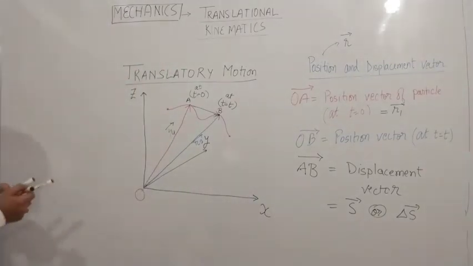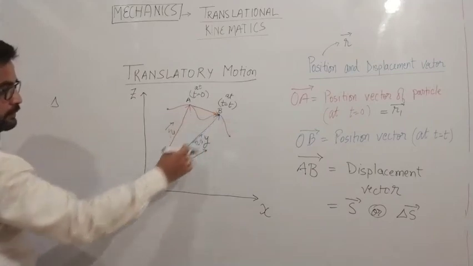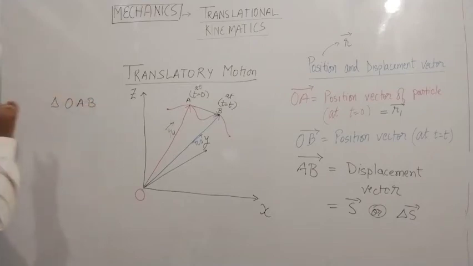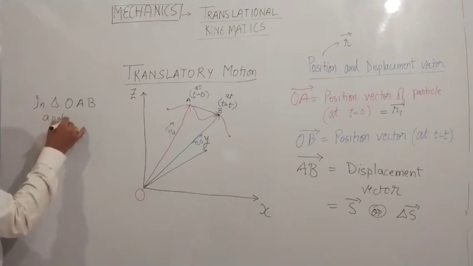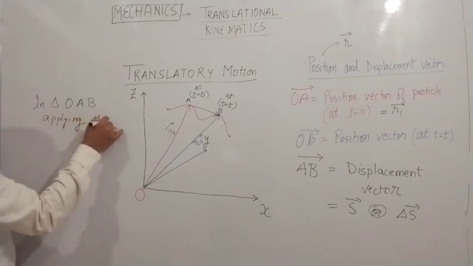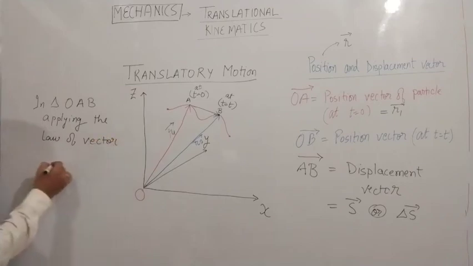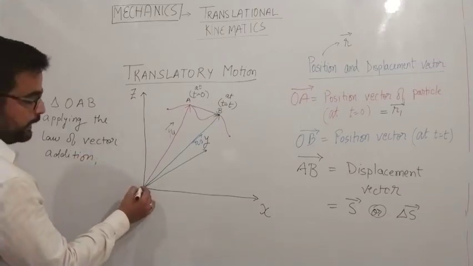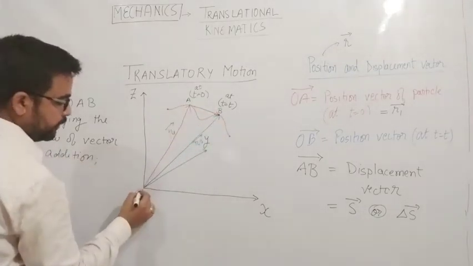If you observe triangle OAB, applying the triangular law of vector addition, we will have vector OA plus vector AB is equal to vector OB.